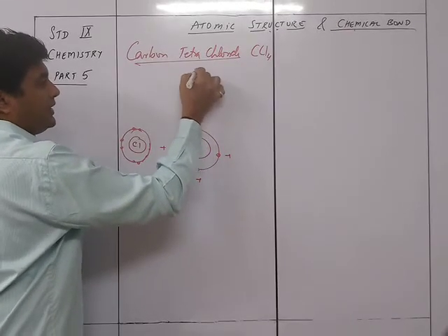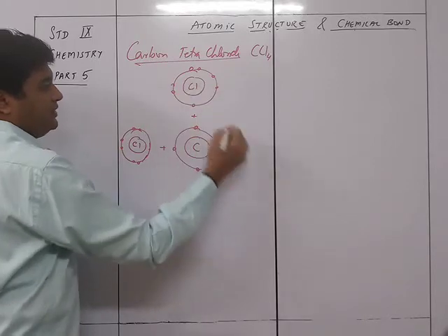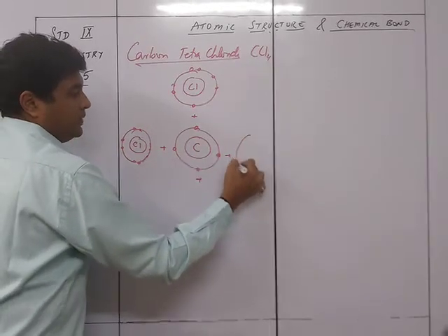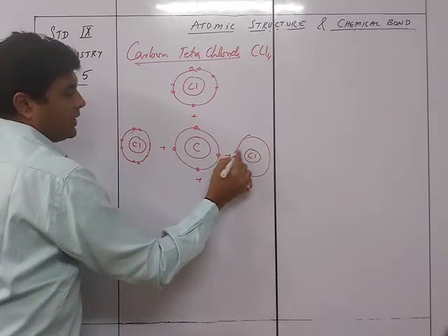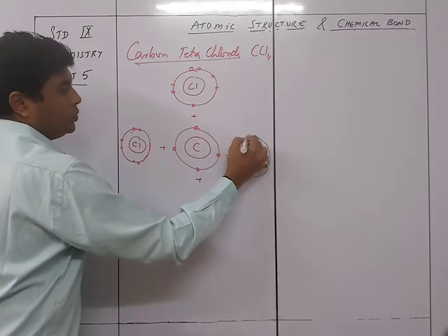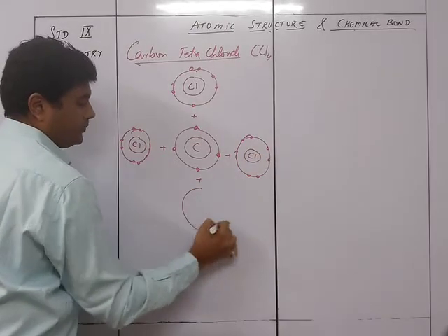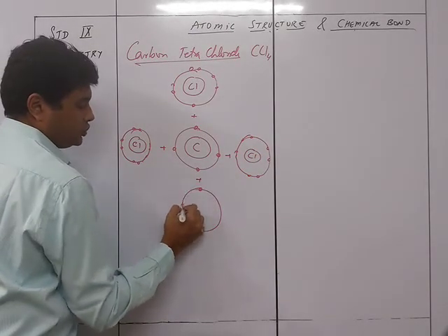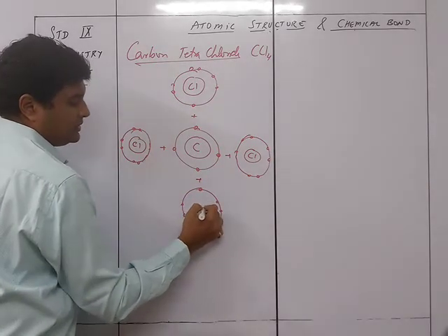Cl over here again with 7 electrons, 1, 2, 3, 4, 5, 6, 7. Cl over here with 1, 2, 3, 4, 5, 6, 7. Over here again 1, 2, 3, 4, 5, 6, 7 electrons and the Cl.